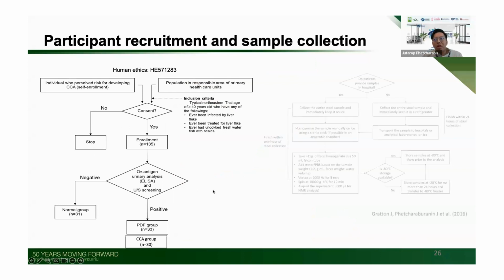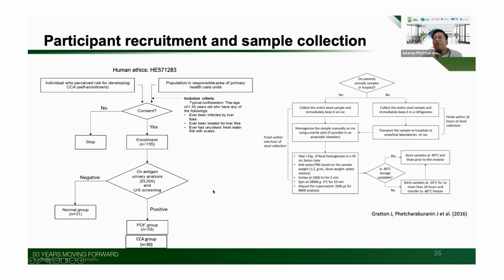The method we used for collecting the fecal samples derived from our previous publication in 2016, where we optimized the fecal handling strategy, published in Analytical Chemistry, ACS. We just adopted this pipeline to obtain the samples.